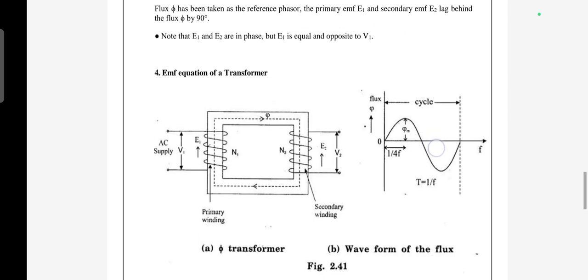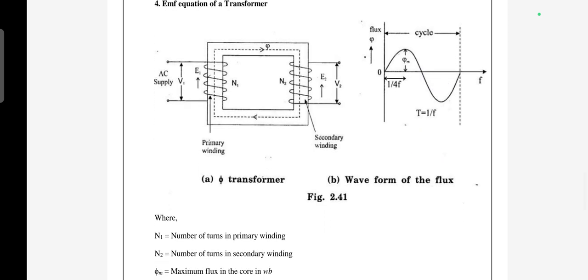Then we move on to the EMF equation of a transformer, and you can see the waveform of the flux, where the period is T equal to 1 by f, so time is inversely proportional to frequency.